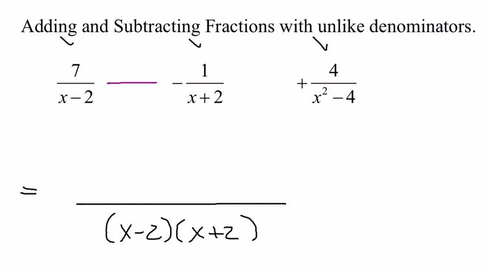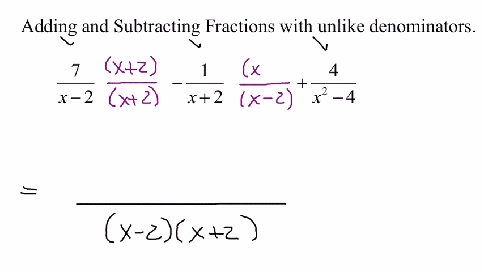On this first one, we're missing the x plus 2. On the second one, we're missing the x minus 2. And on this last one, we're not missing anything. But if you feel like you should put something there, you can put ones, and that will be fine.